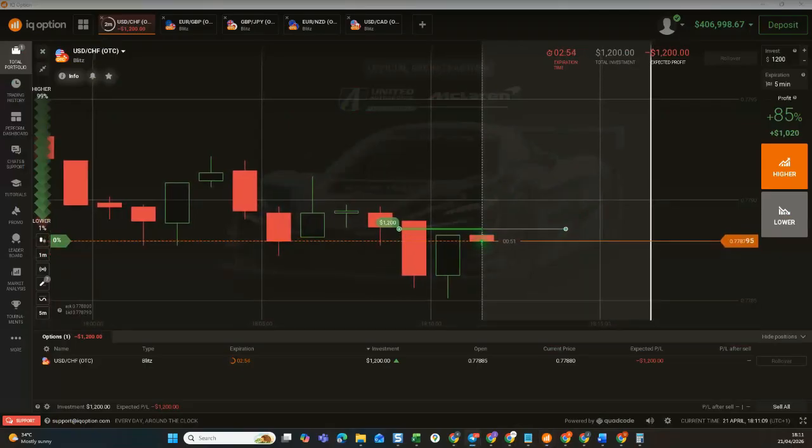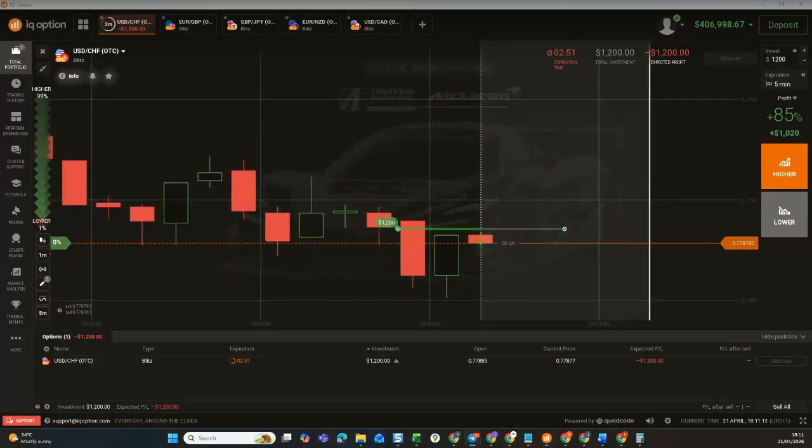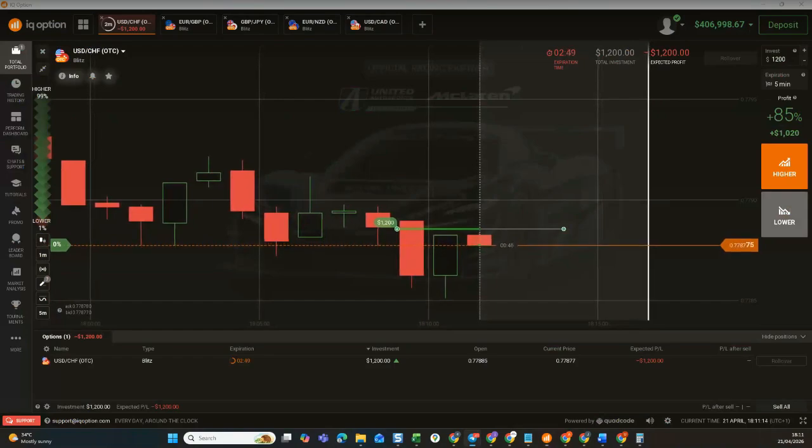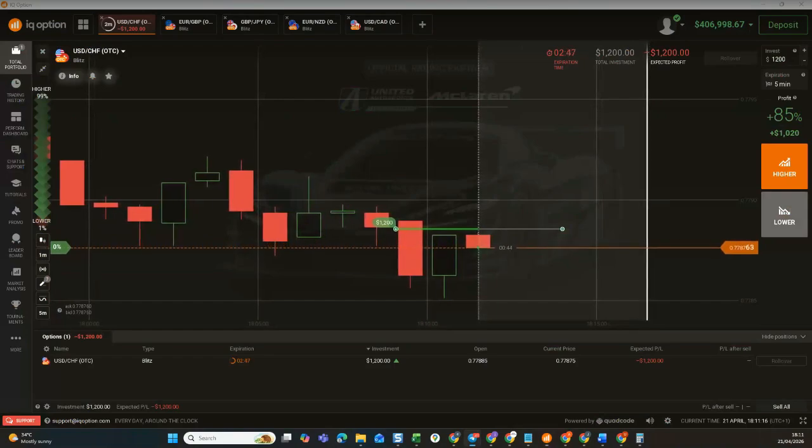Less than 3 minutes to go on this particular trade, on this particular entry.